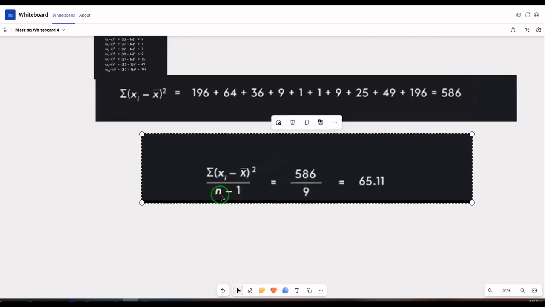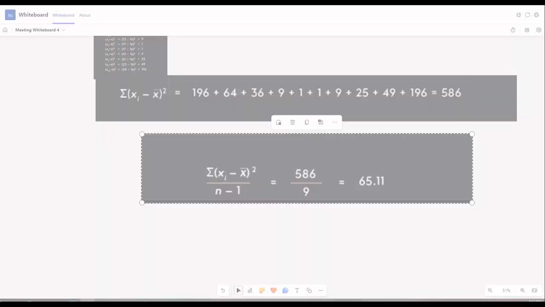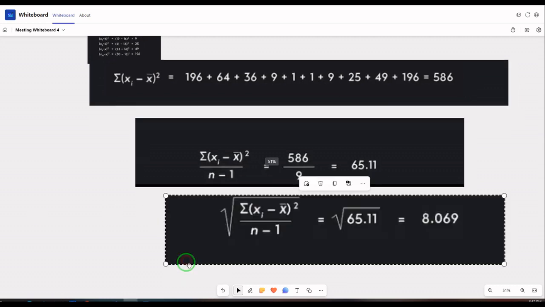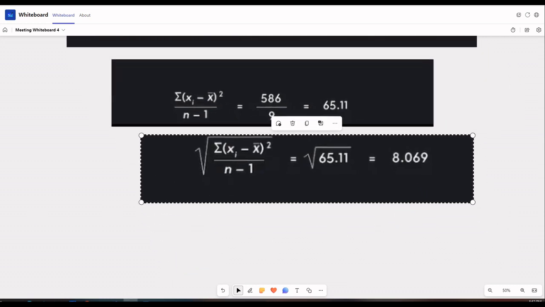Okay, so n was 10. Now I have to divide it by n minus 1, which is 9, and the final answer is 65.11. Am I done yet? No, because the very last step is taking the square root, right? So now I take the square root, and this is the final answer.